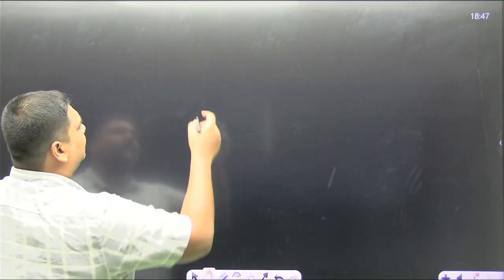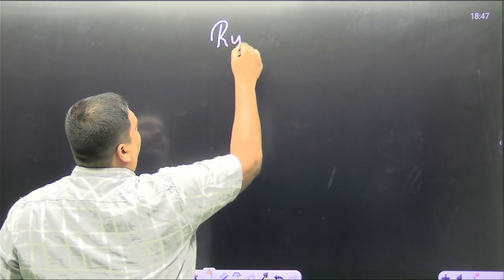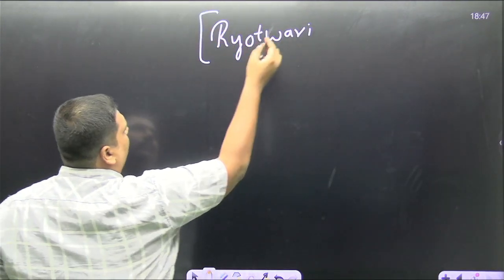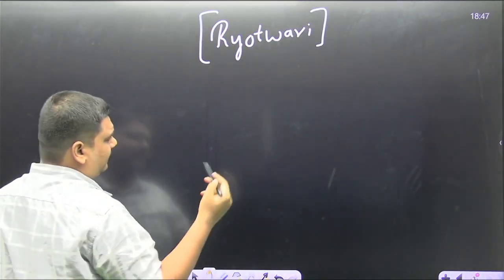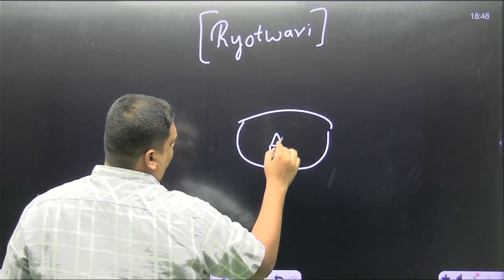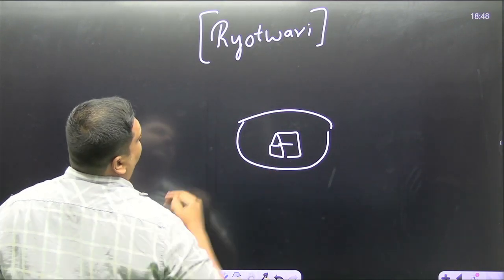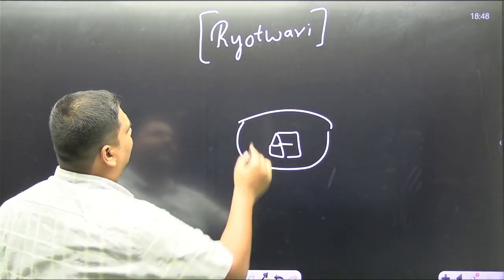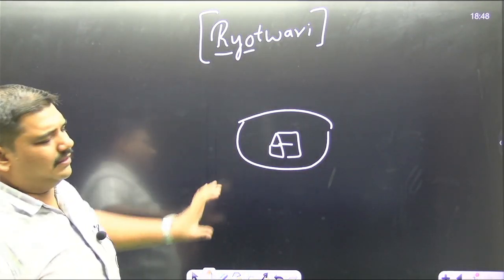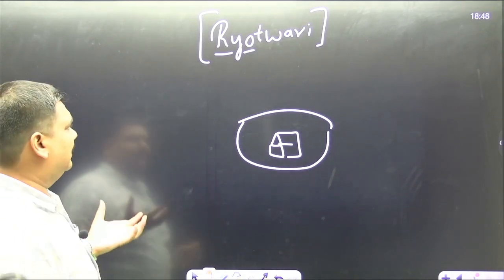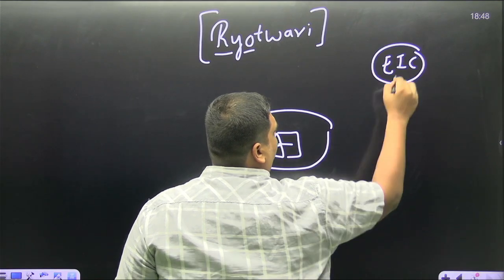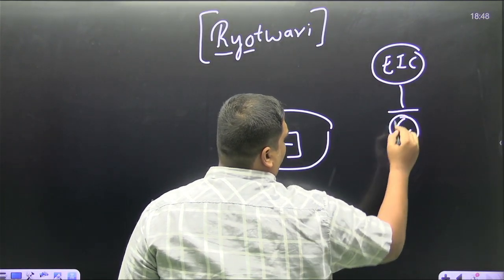Now the next one is Rayotwari. Under the Rayotwari system, say there is a village here. Rayot essentially means farmer. Under this process, the Britishers or the company directly taxed the cultivators.